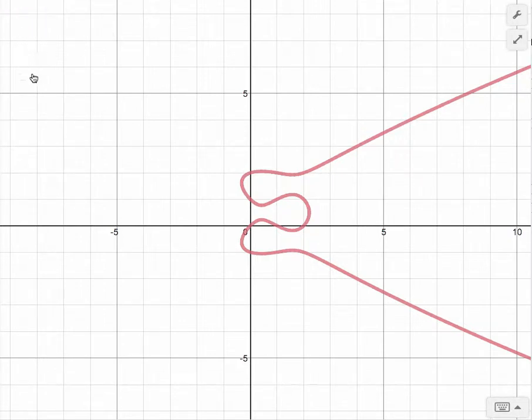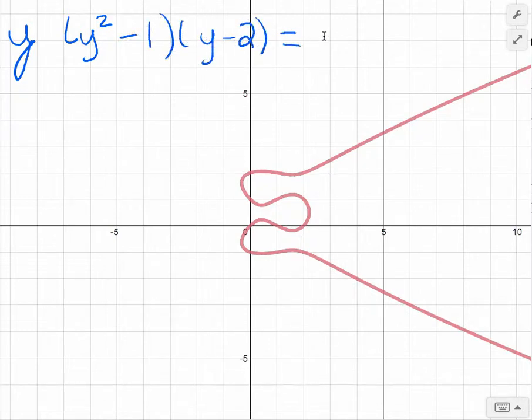Let's look at this example where we try to figure out something about the curve y times y squared minus 1 times y minus 2 equals x times x minus 1 times x minus 2. So here's a plot of the graph from Desmos, and we've been asked to try to figure out what's going on in terms of horizontal tangents and vertical tangents.